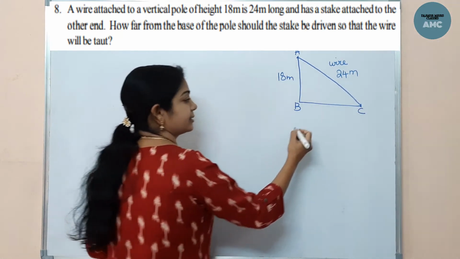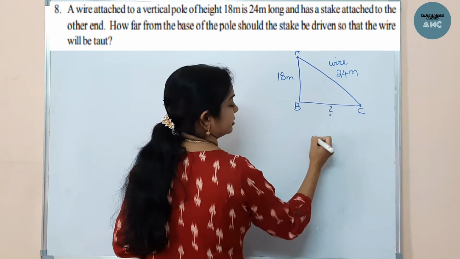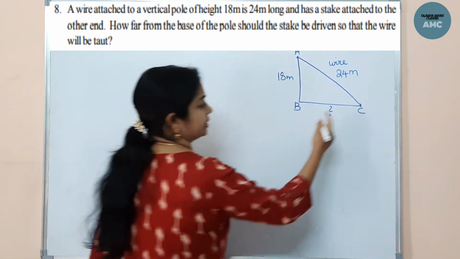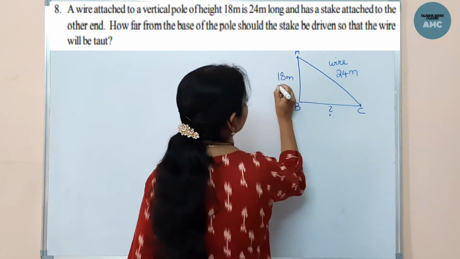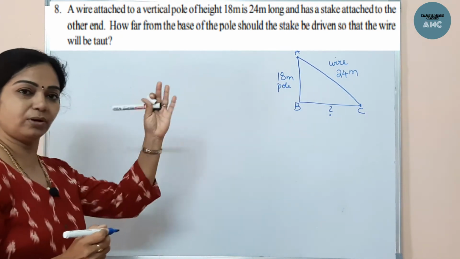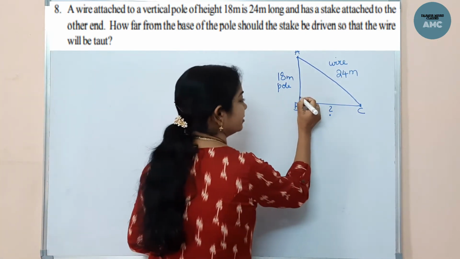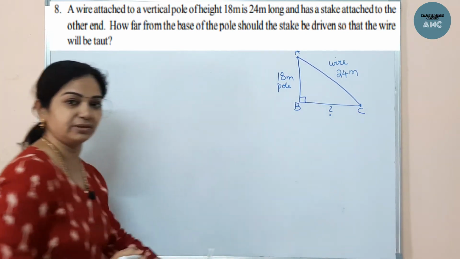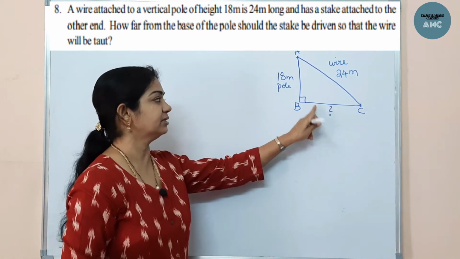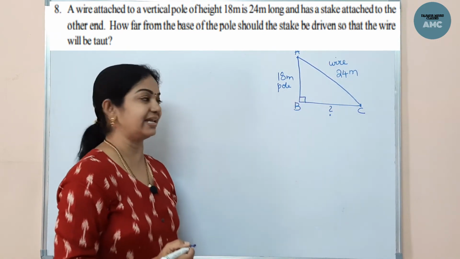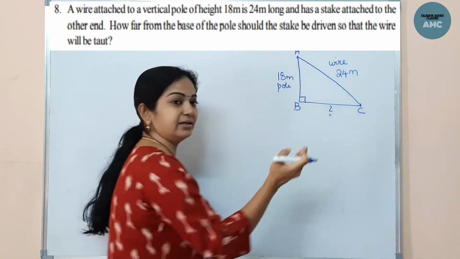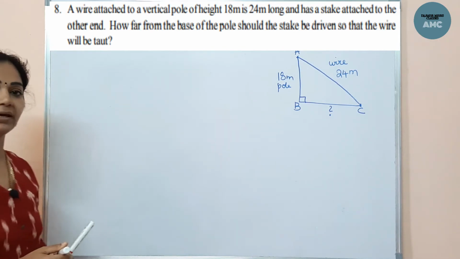Now what is asked is the distance between the vertical pole and the stake. Pole means erect, so we can assume it is at 90 degrees with the base. Now we want to find this part. If you consider the right angle triangle, this is the hypotenuse, and these are the other sides. So clearly we can use the Pythagoras theorem.